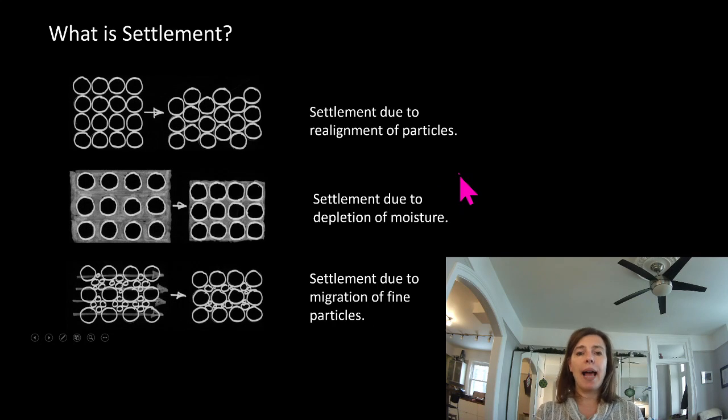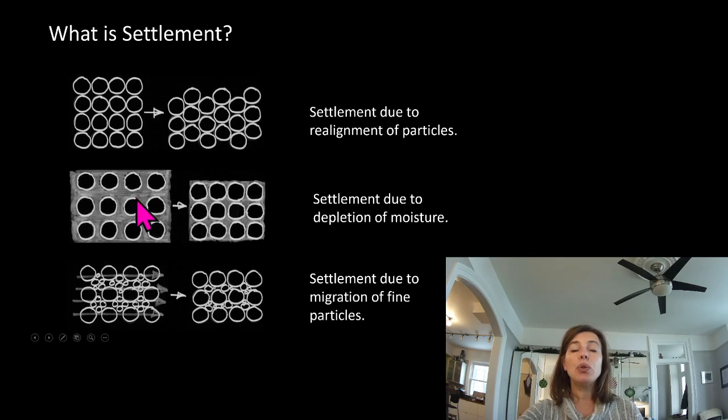So what's settlement? How can our buildings settle? Intuitively, you know it when you step on the ground. Depending on what type of ground it is, you sink down. What's really happening is the particles can realign. If there's any bakers, if you've ever taken a thing of flour and banged it, it realigns and all of a sudden it drops down in its height.